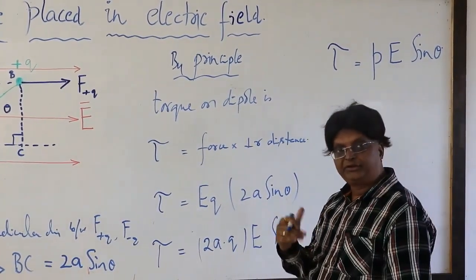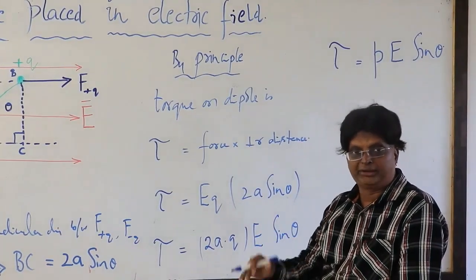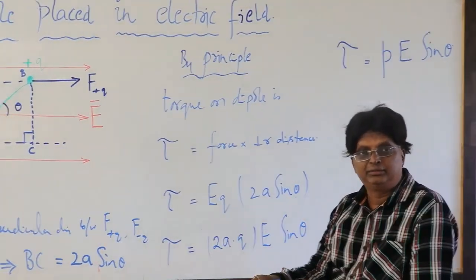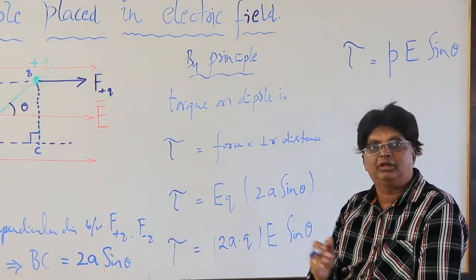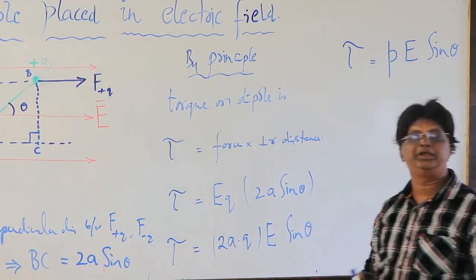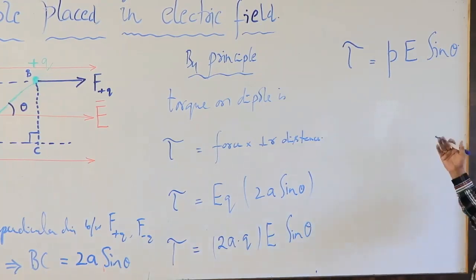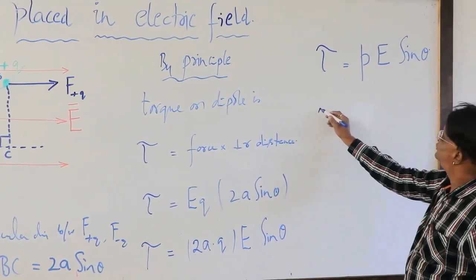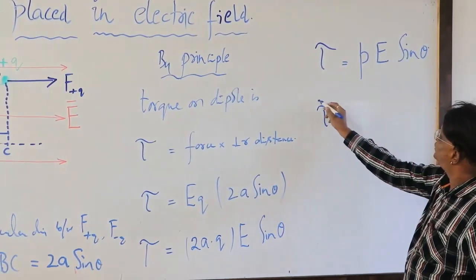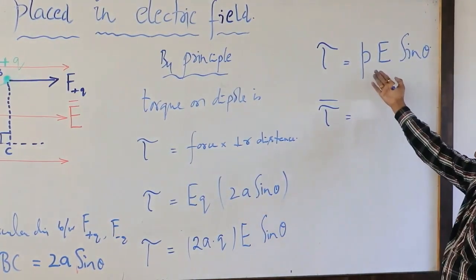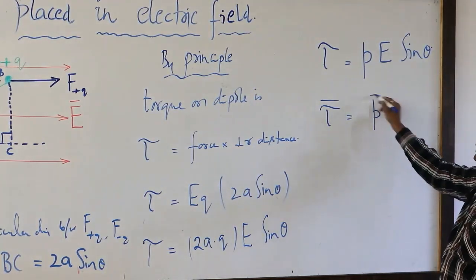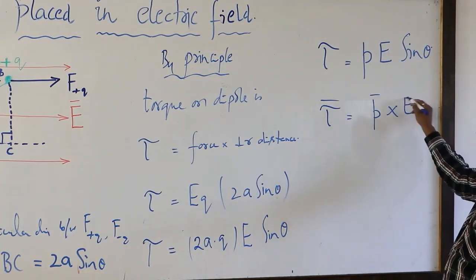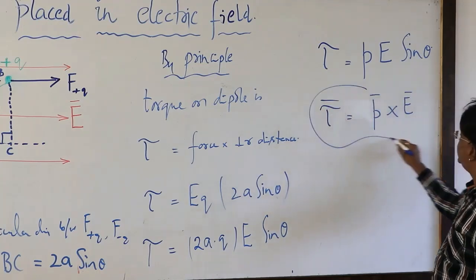Now we know that this torque is a pseudo vector. In rotatory motion, whatever vectors we got, angular velocity, angular acceleration, angular momentum, torque, all these are pseudo vectors. Therefore, if I am writing this as a pseudo vector, tau bar, with the sin theta form you have. Therefore, I will write it as p bar cross E bar, which is the vector form.